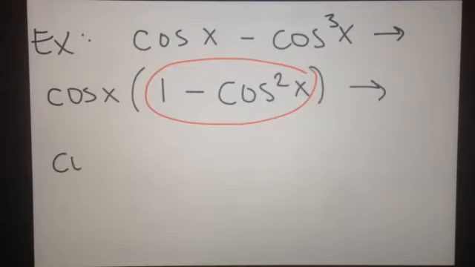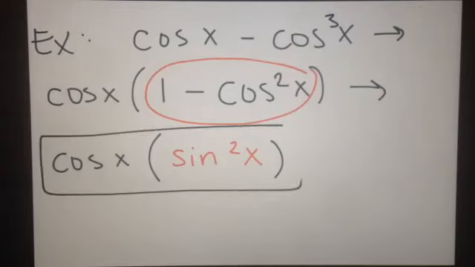So I still have cos x in the front of the parentheses, but now inside the parentheses I have sine squared x. And there is no way to condense this down any further, so that's actually my final answer. There's no way to combine those to make them work better.